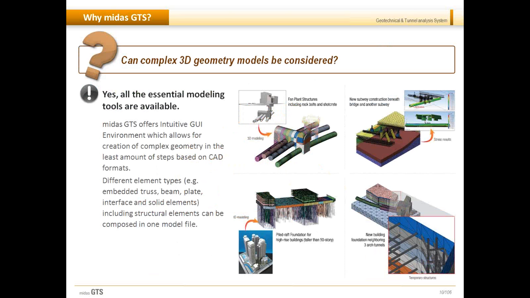Now, MIDAS GTS is very powerful to model any type of complex 3D geometry. It can be, like you see on the screen, plant structures, underground subway stations, piled raft foundations for high-rise buildings, or excavation using all kinds of elements.